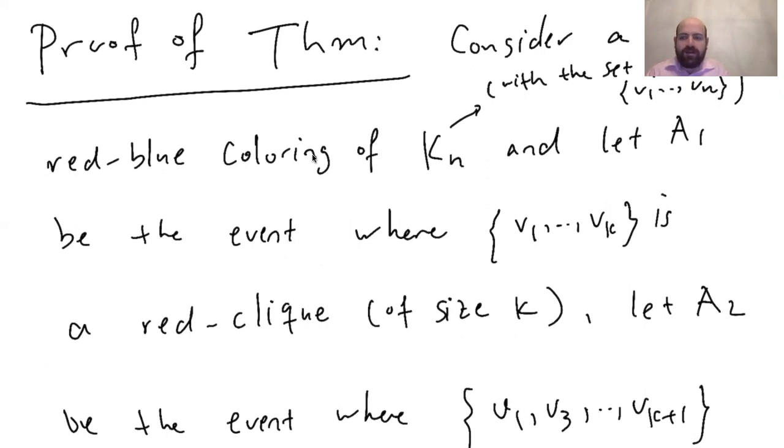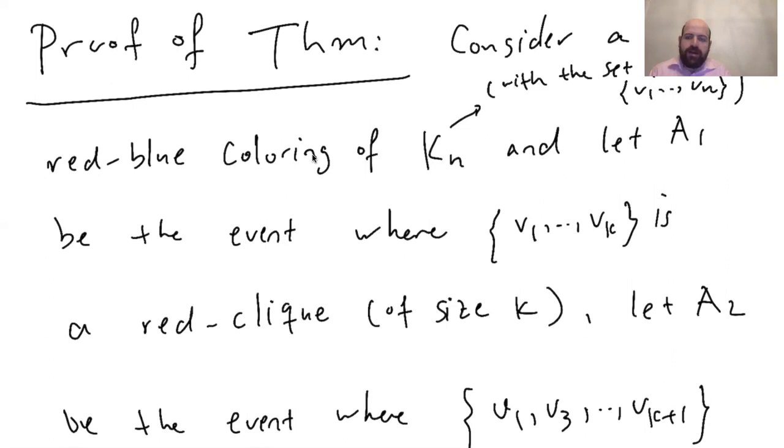Now, it's a random red-blue coloring. My first event is the event where V1 to Vk, the first k of them, is a red clique. Red clique means a complete graph with all red edges.